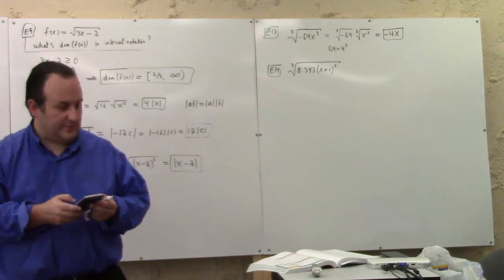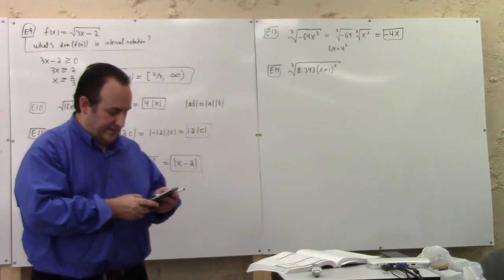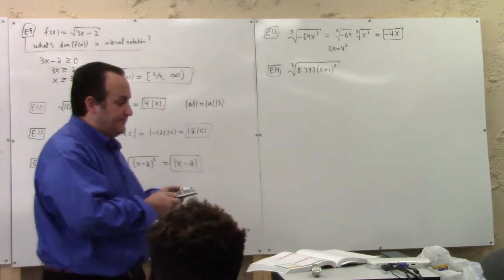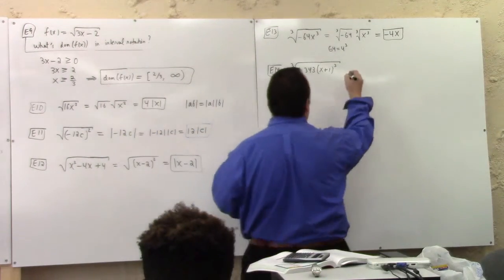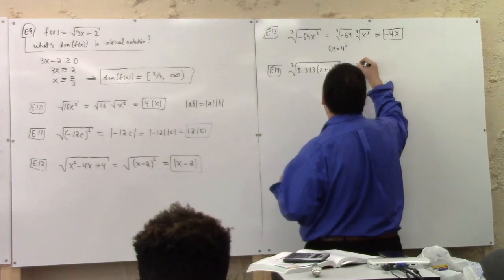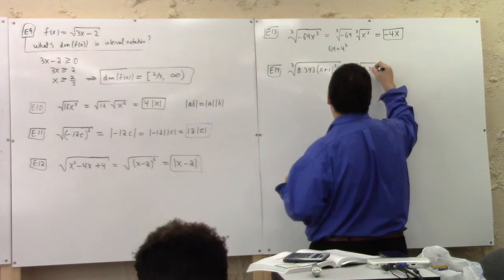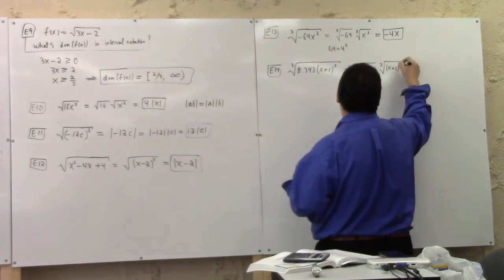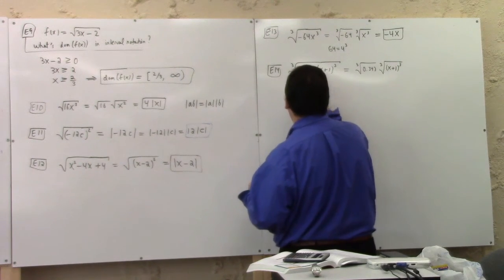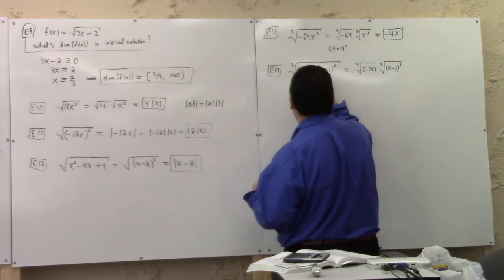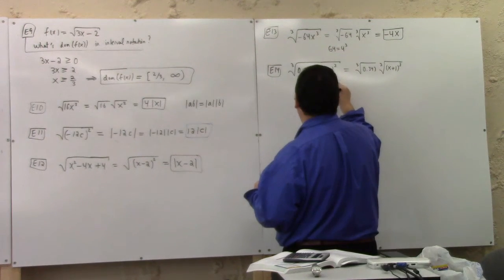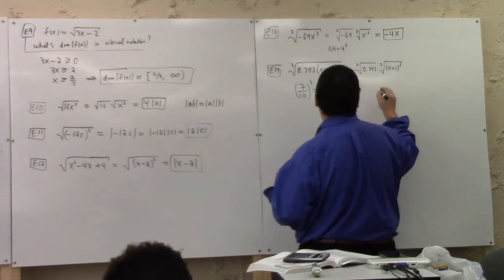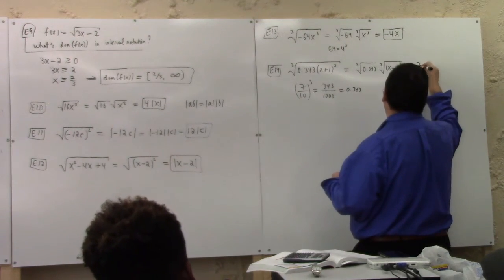So third root of 0.343, what do I get? 7/10. Okay, so 7/10 cubed is 343 over 1,000, which is 0.343 for what it's worth. Anyway, this gives me 7/10.